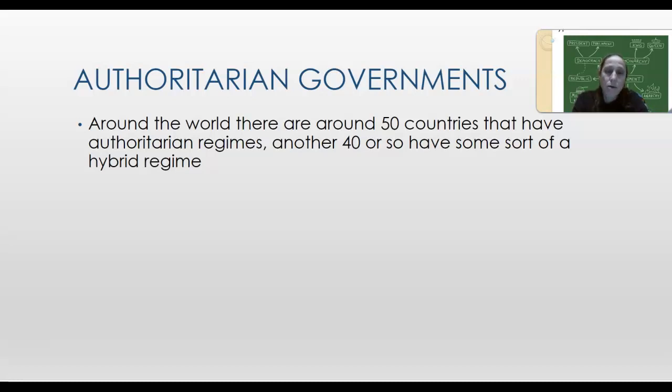And if we are talking about 193 recognized countries in the UN, maybe a few others that you can add there, so your number is somewhere around 190 to 200. And so roughly a little less than half the countries in the world are ruled by some sort of fully authoritarian government or some sort of a hybrid government like that.